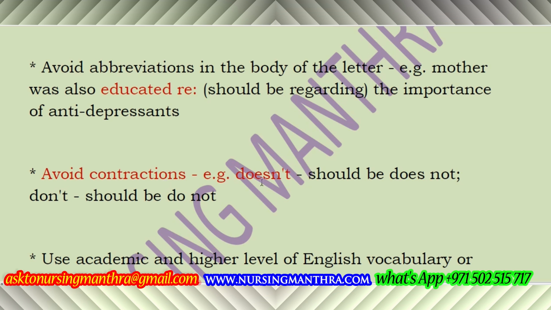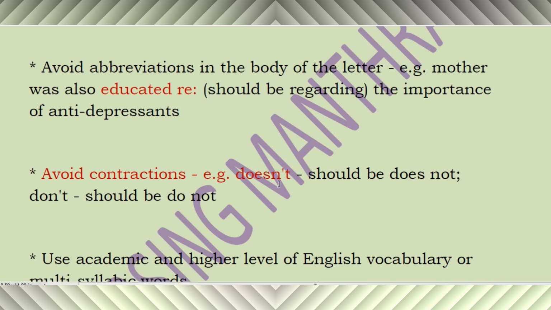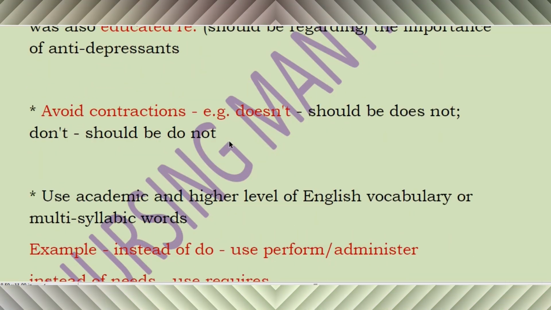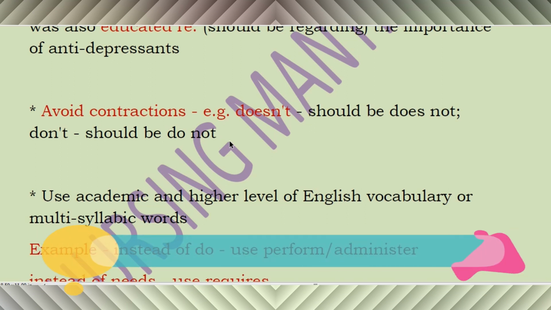What is a contraction? Doesn't, wouldn't, don't. This kind of contraction should not be used. Instead of don't, you have to write do not. Like that you have to write in the letter.